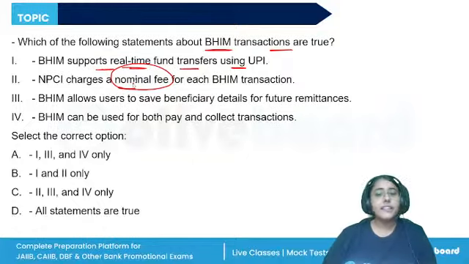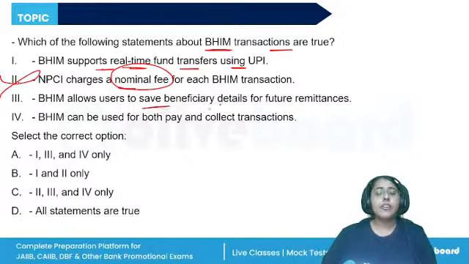The Bharat Interface for Money is a simple, easy, quick payment using the virtual payment address, UPI based payment network. NPCI is the promoter and it does not charge anything for transactions on the Bheem. Individual banks may charge for availing the facility, but NPCI does not.